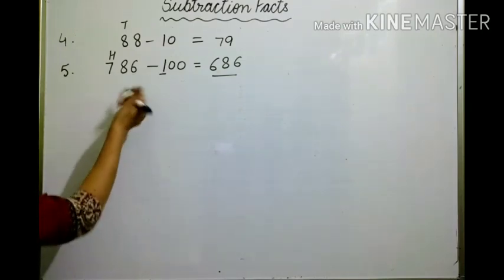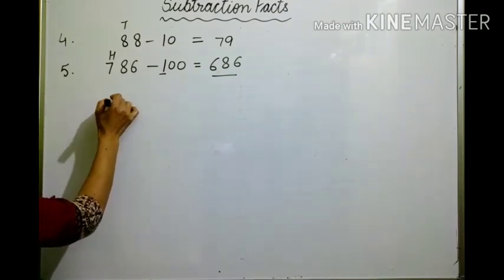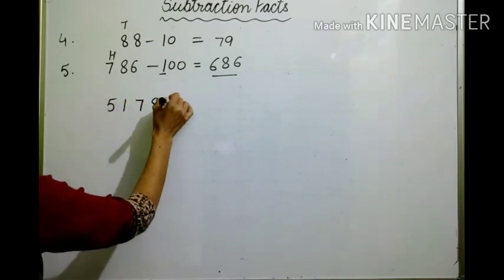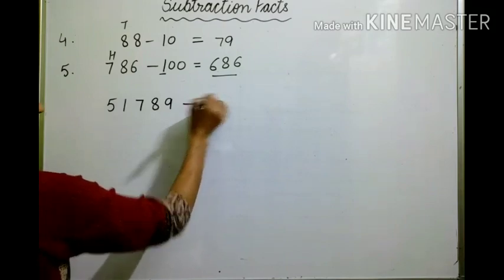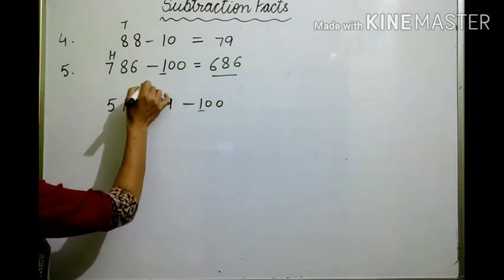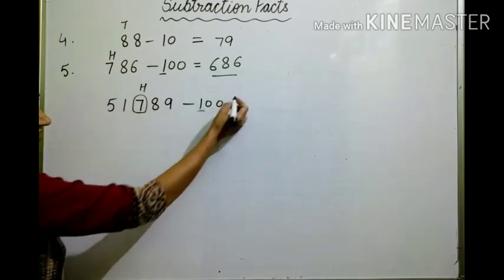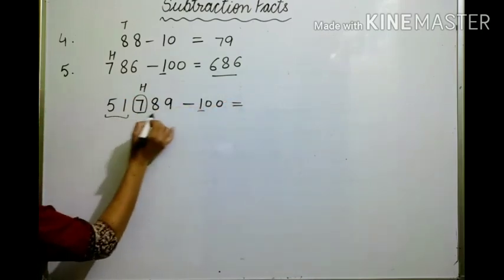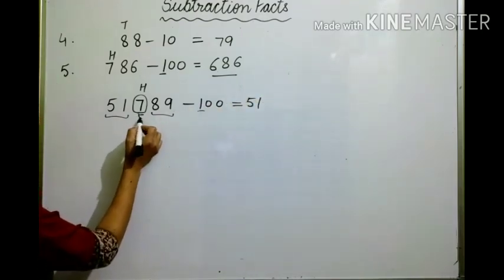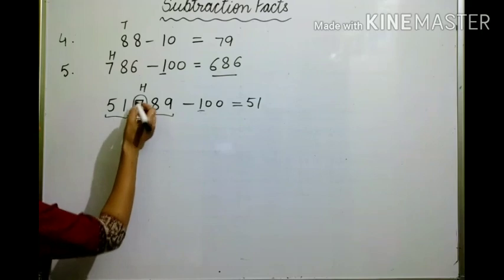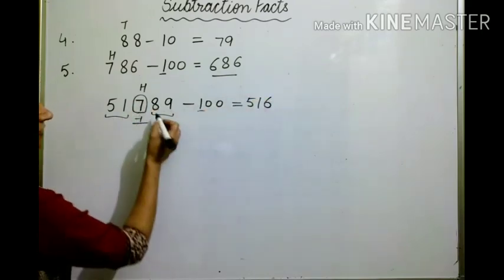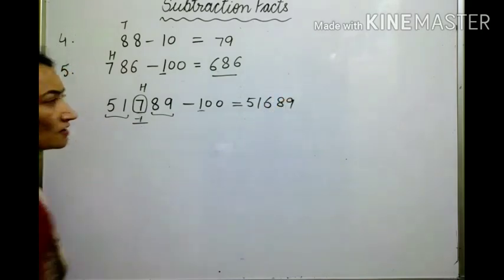If we take 4 or 5 digit numbers, suppose 51,789 minus 100, then what will we do? Only the hundreds place digit will decrease by 1, other digits will remain the same. The hundreds place digit 7 will decrease by 1, means we will subtract 1 from it. 7 minus 1 is 6 and 89 will remain the same.